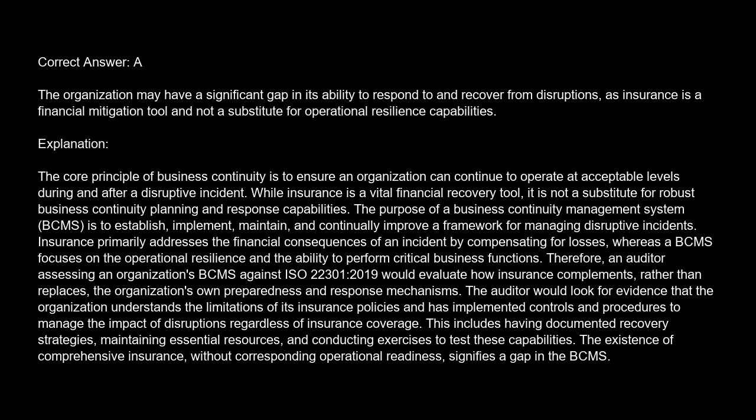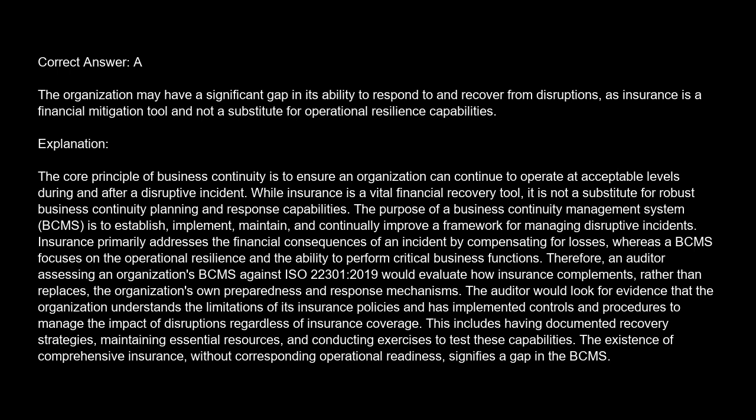The purpose of a business continuity management system, BCMS, is to establish, implement, maintain, and continually improve a framework for managing disruptive incidents. Insurance primarily addresses the financial consequences of an incident by compensating for losses, whereas a BCMS focuses on the operational resilience and the ability to perform critical business functions.